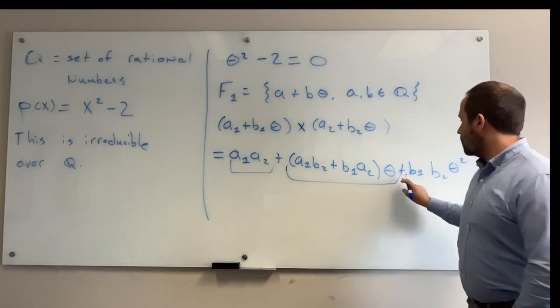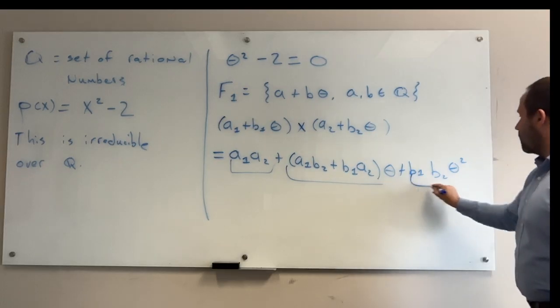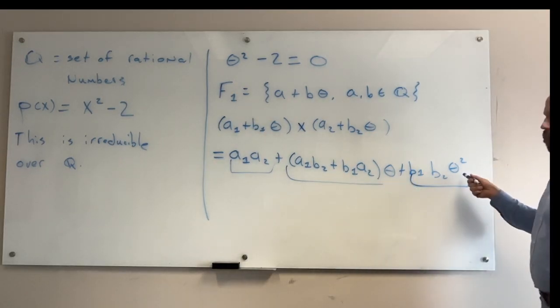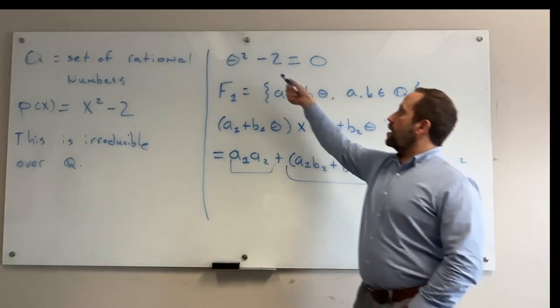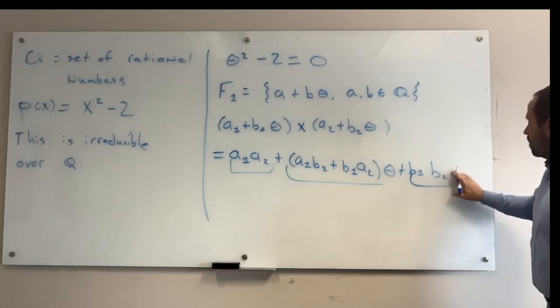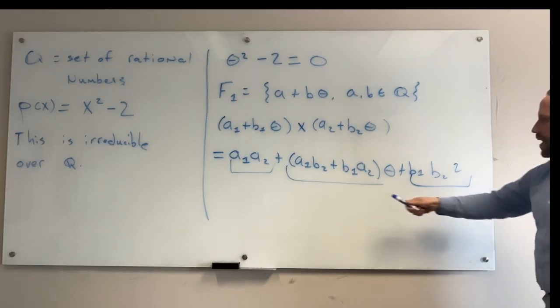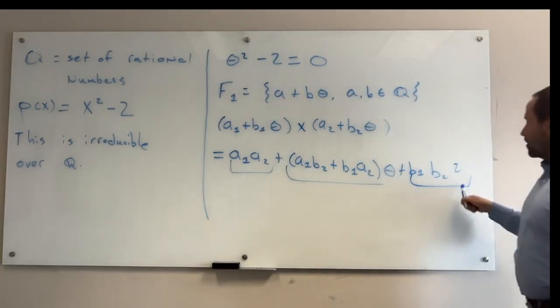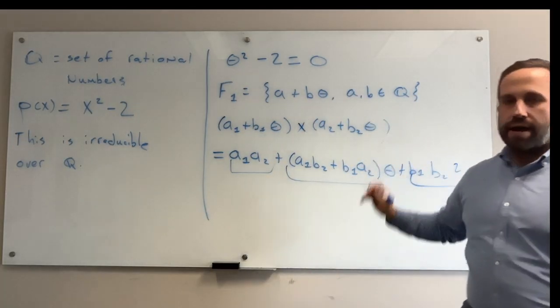That's a rational number times theta. And then what about this? b1 b2 theta squared. Well, the only thing I know about theta squared is that theta squared minus 2 is equal to 0. So this theta squared is really 2. And so a1 a2 plus 2 b1 b2 is a rational number.